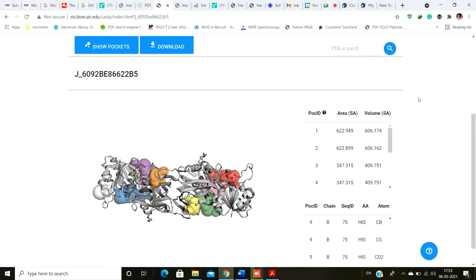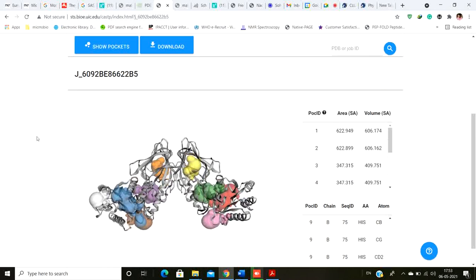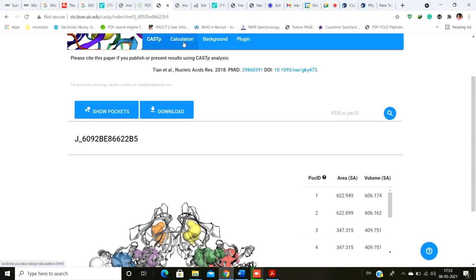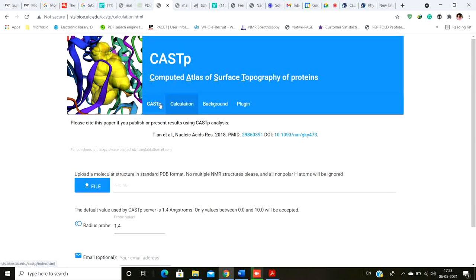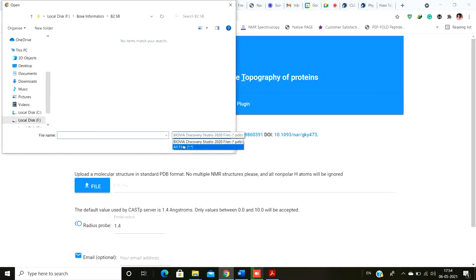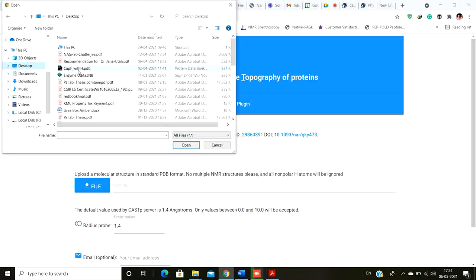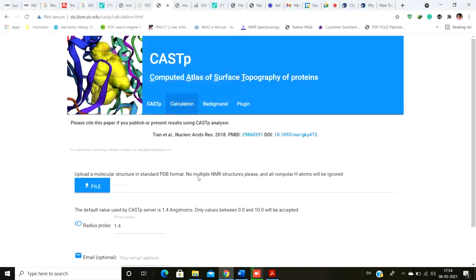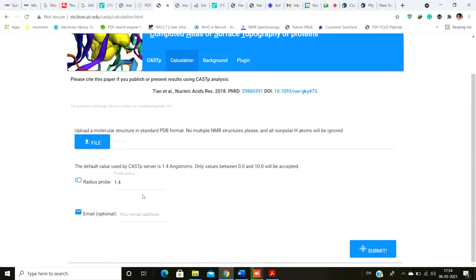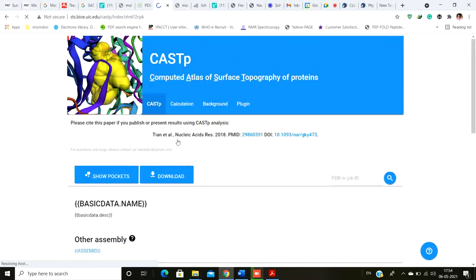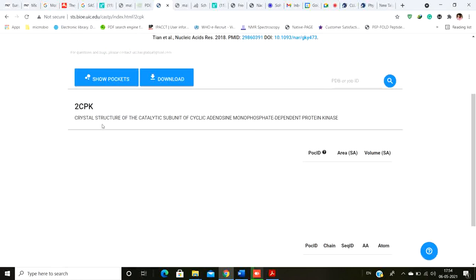Suppose you have modeled a protein: you simply go to calculation, select the protein that you have modeled or any protein that you have, upload it, keep the radius as 1.4, give your email ID and click on submit. It's going to perform the job, and when finished, it's going to show you the ID.